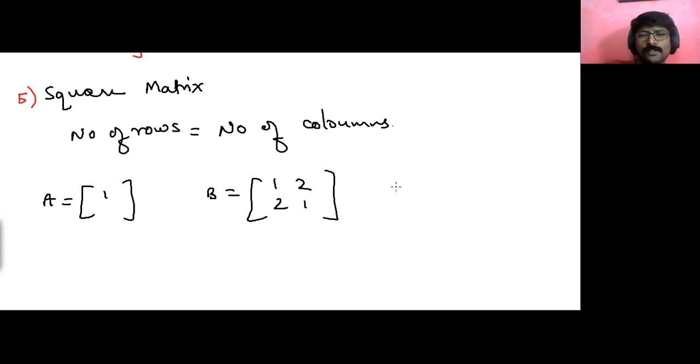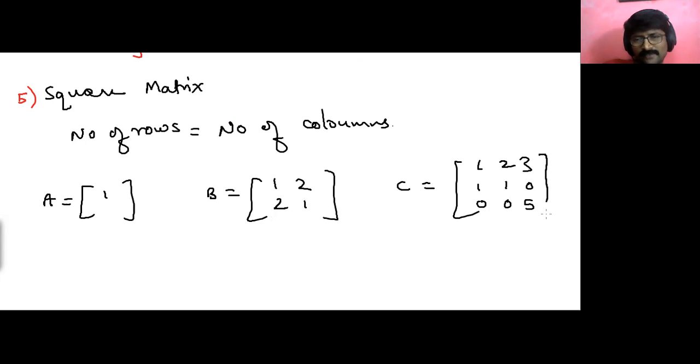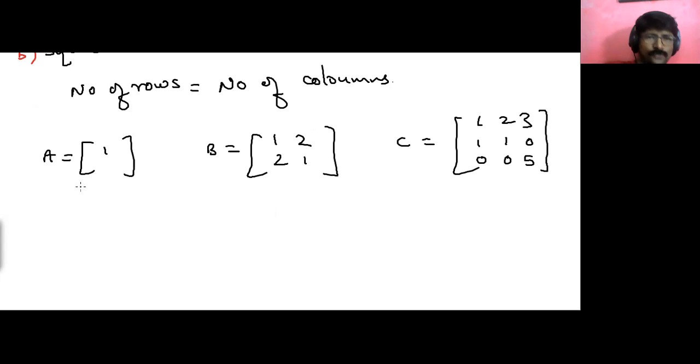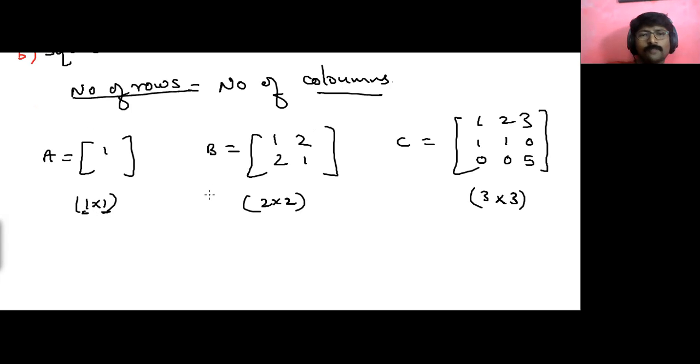The number of rows and columns are always the same. Matrix C would be like 1, 2, 3, 1, 1, 0, 0, 0, 5. I'm just taking some random numbers. So this is a 1 by 1 matrix because 1 row and 1 column. This is a 2 by 2 matrix because 2 rows and 2 columns. This is a 3 by 3 matrix. That is called a square matrix.